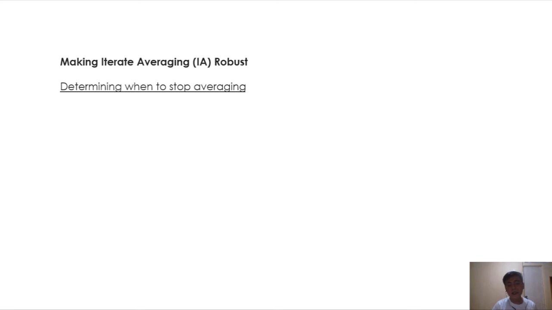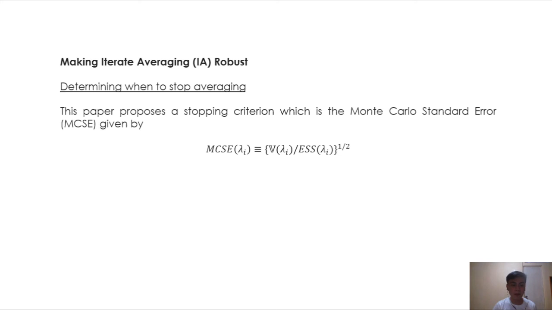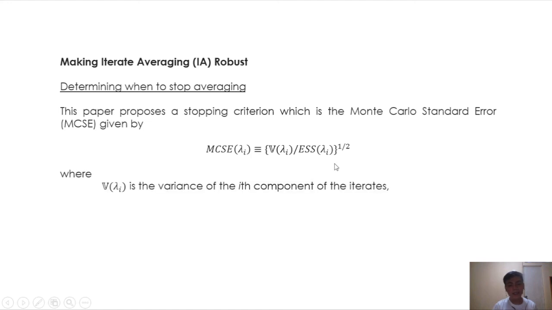Next, we need to know when to stop averaging. In this paper, they proposed a stopping criterion, which is called the Monte Carlo Standard Error, or MCSE, given by the following expression. And here, V of lambda i is the variance of the ith component of the iterates.